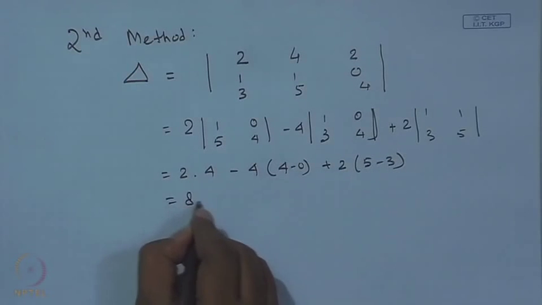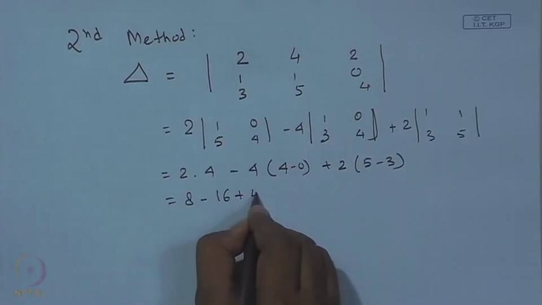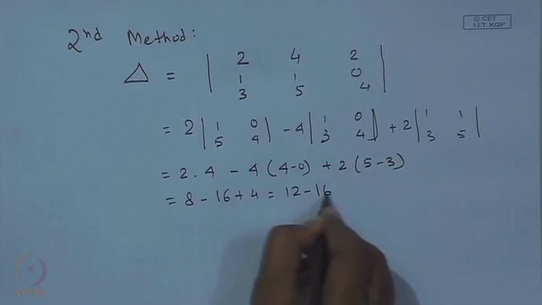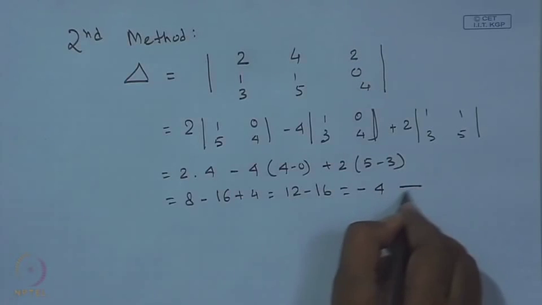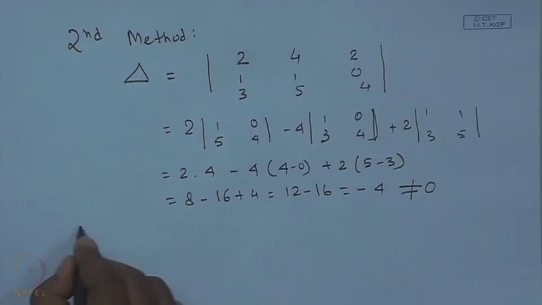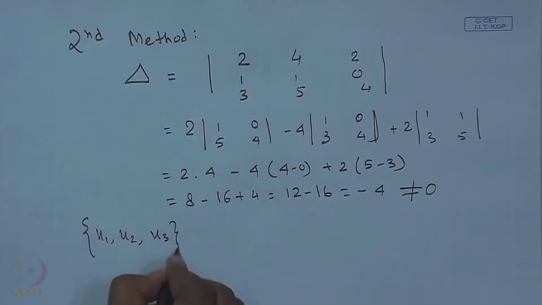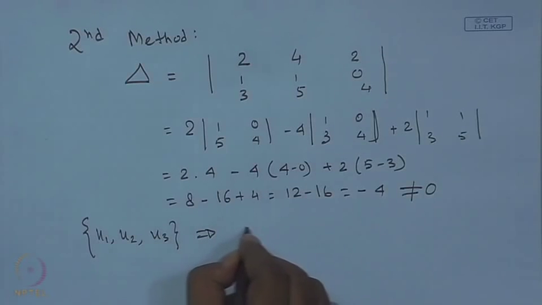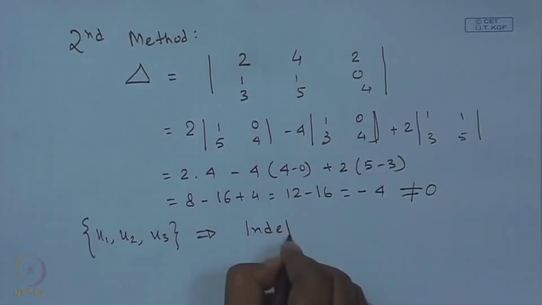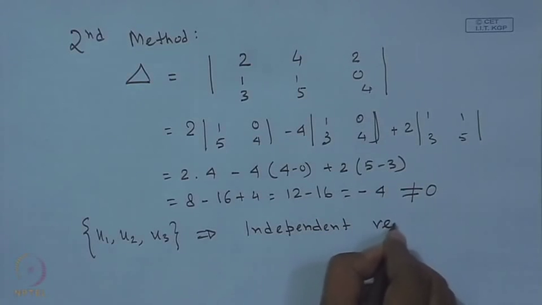So, it will be 8 minus 16 plus 2 into 2, which is 4. So, it will be 12 minus 16 is equal to minus 4, and this is not equal to 0 in this particular case. Therefore, U1, U2, U3 are an independent set of vectors.